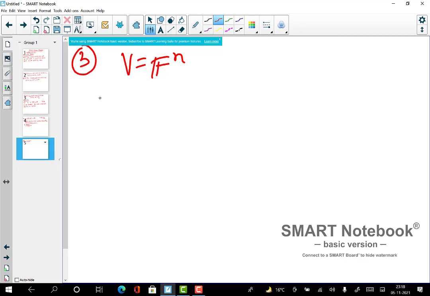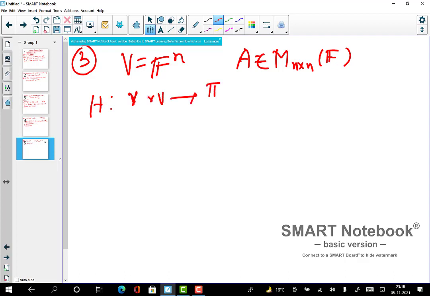So you start and obviously you fix a matrix, say A, an element of n cross n matrices over F, and then you define the map from V cross V to F. What is a map?